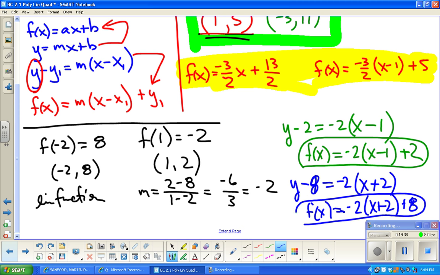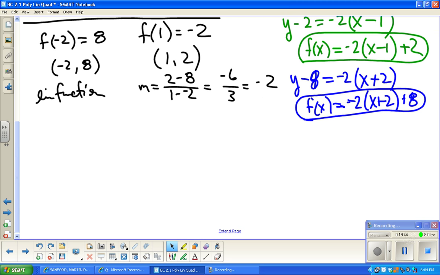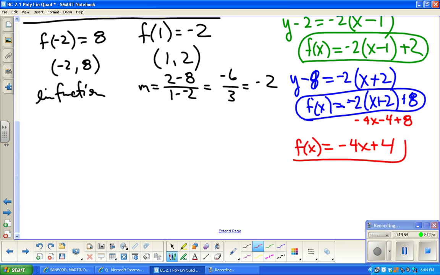So that's another way, and honestly, these two equations are equivalent. You could even distribute this if you wanted to, though you don't need to unless it specifically says slope-intercept form. Distributing the first gives negative 2x plus 2 plus 2, so negative 2x plus 4. All I did was rearrange it.